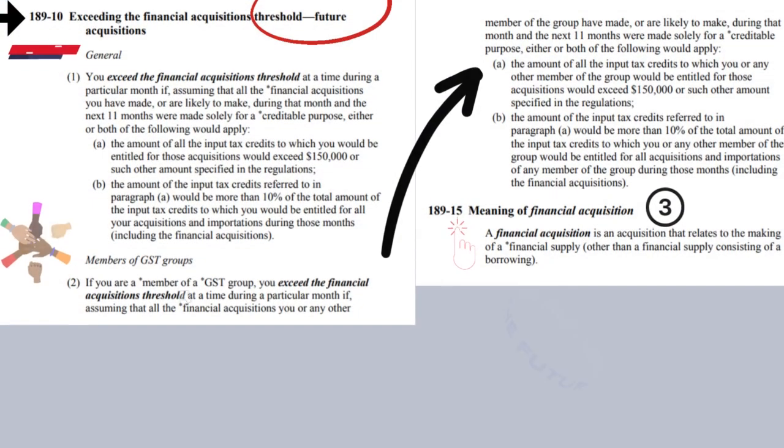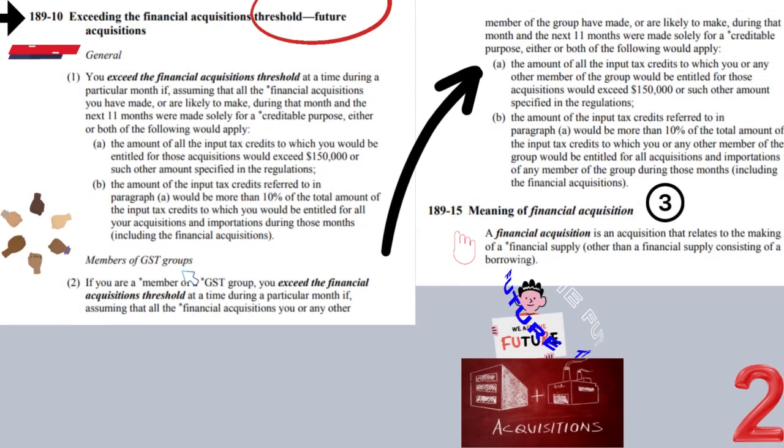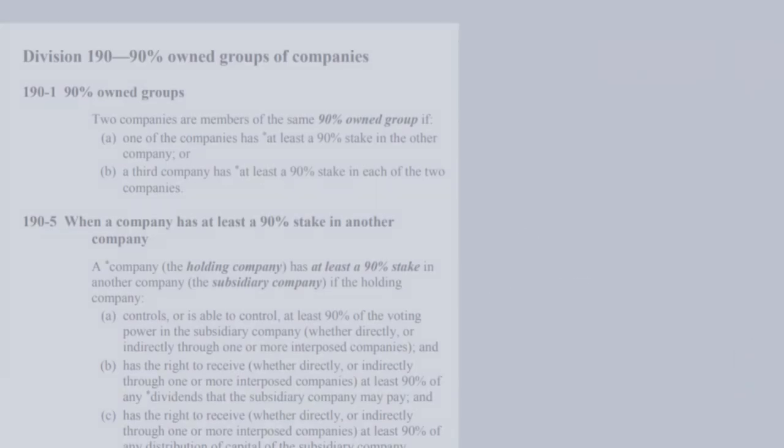Second section of Division 189, which is Division 189-10, explains about exceeding the financial acquisitions threshold for future acquisitions, in general and for the members of GST groups. And third and last section of Division 189, that is Division 189-15, explains about meaning of financial acquisitions. Friends, that was it for Division 189.